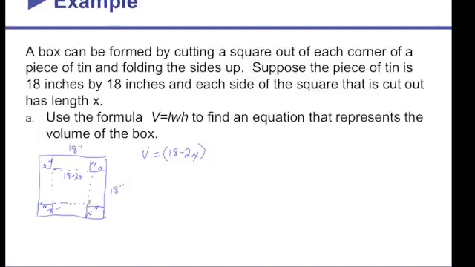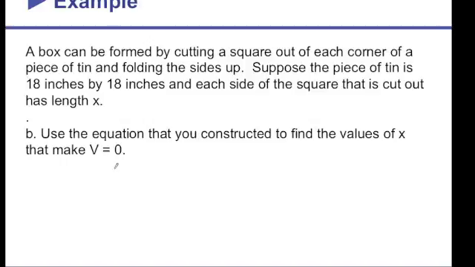And the width of the bottom is going to be 18 minus 2x again. The height then will be x. So this is my equation that represents the volume of the box.